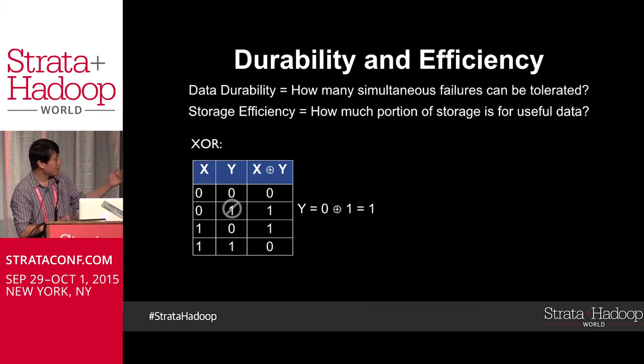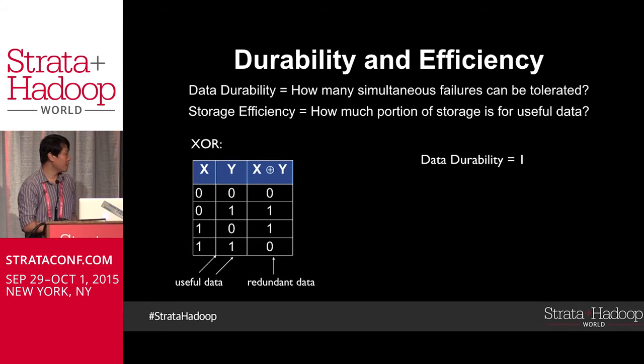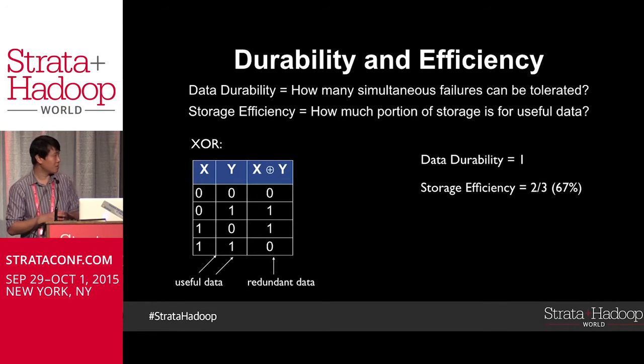For example, given the 2 bits 0 and 1, if you lose the 1, you can use the XOR bit to recover the 1. So that means data durability is 1. And in normal operation, you're using 2 bits of space to store useful data and 1 bit of space to store redundant data. That means the storage efficiency is 2/3, or 67%.